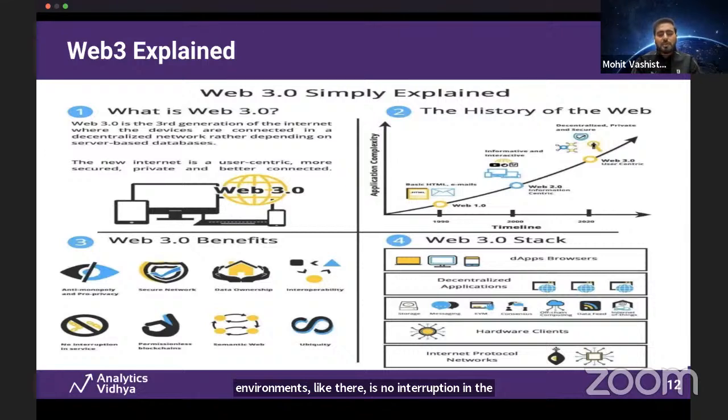Let's say, for example, the Facebook server goes down or the Google server goes down, the Gmail server goes down, we can't do anything after that. But in blockchain, if a particular server goes down, there are a lot of others which are live, right? So the chances of interruption in the service are very, very minimal because the network is huge, right?